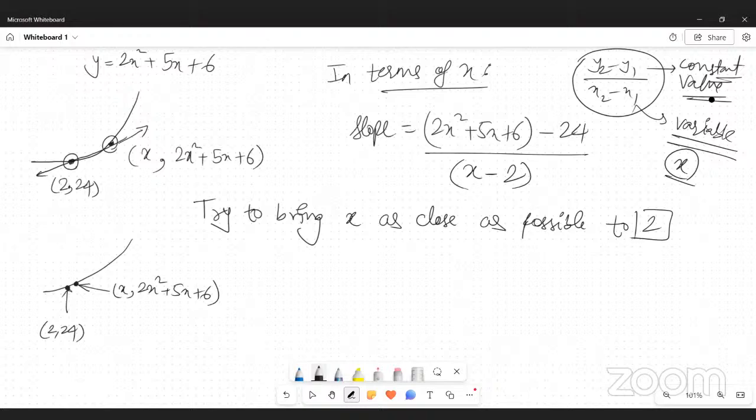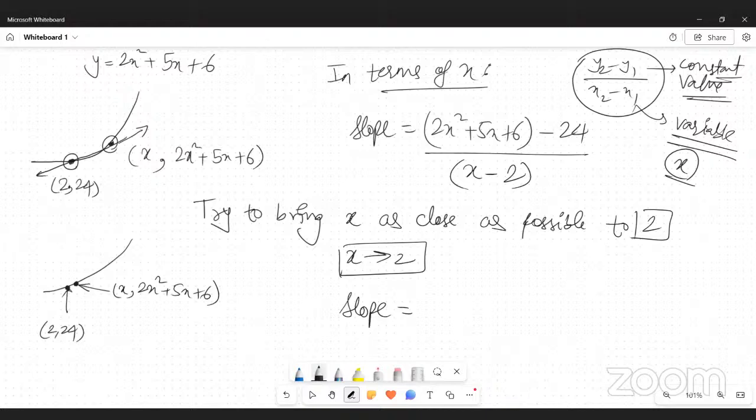So can I say it is so close to 2 that I am trying to substitute this limit over here? But what happens if we do it directly? You try to find the value of the slope of the line touching these 2 points.